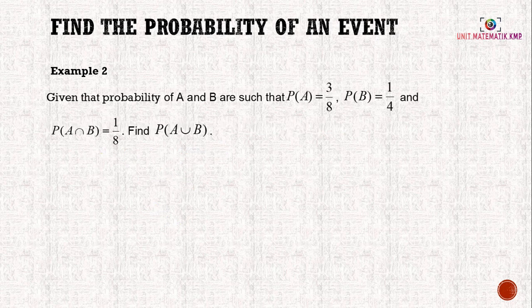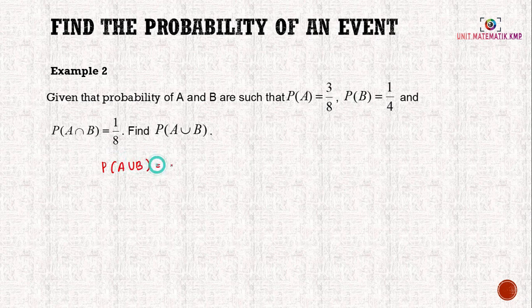Example 2. Given that probability of A and B are such that P(A) equal to 3 over 8, P(B) is equal to 1 over 4, and P(A intersect B) is equal to 1 over 8. Okay, find the probability of A union B. So for this question, it doesn't mention it is mutually exclusive or not. So we will use the addition probability rule.